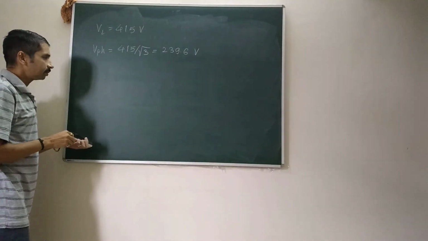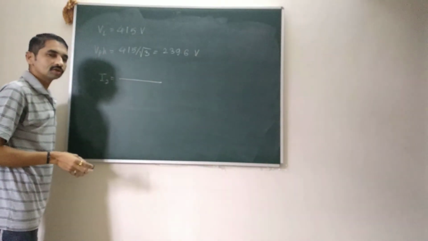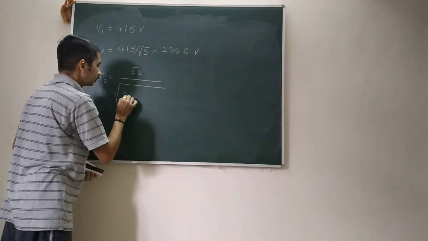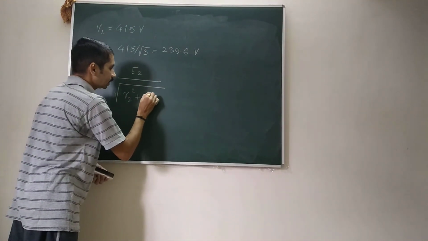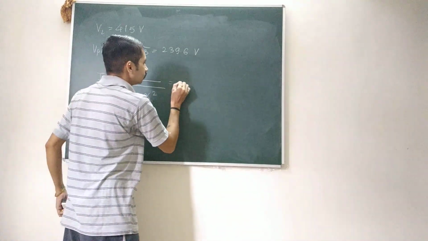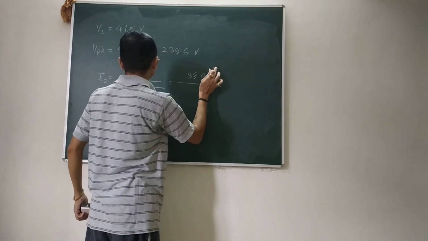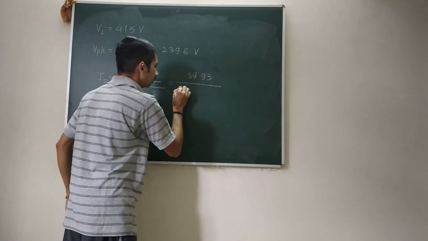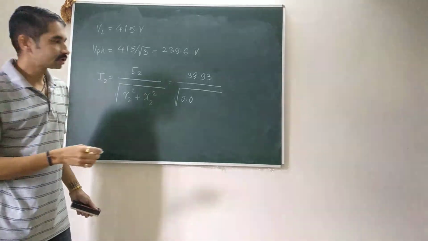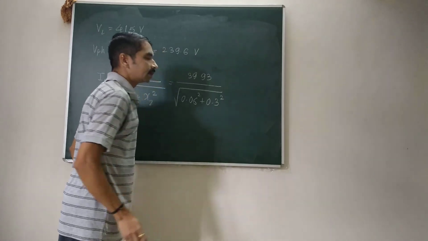Rotor current per phase I2 is equal to, as we have already seen, E2 upon square root of R2 square plus X2 square. Substituting the values, it is 39.93 divided by square root of 0.06 square plus 0.3 square.